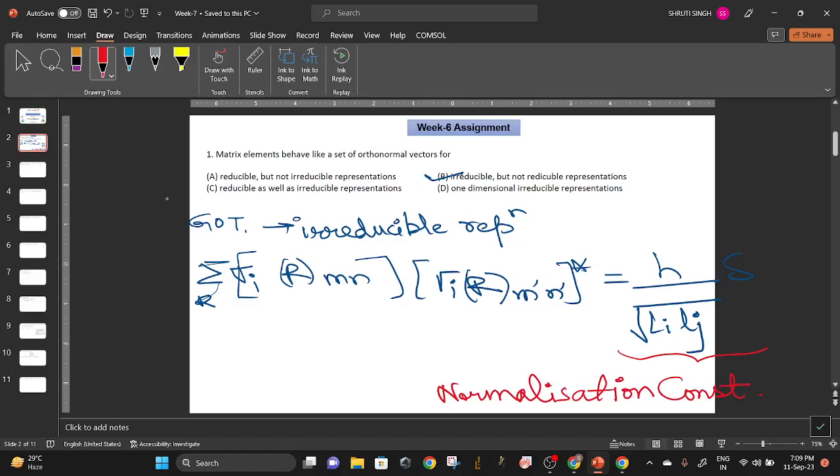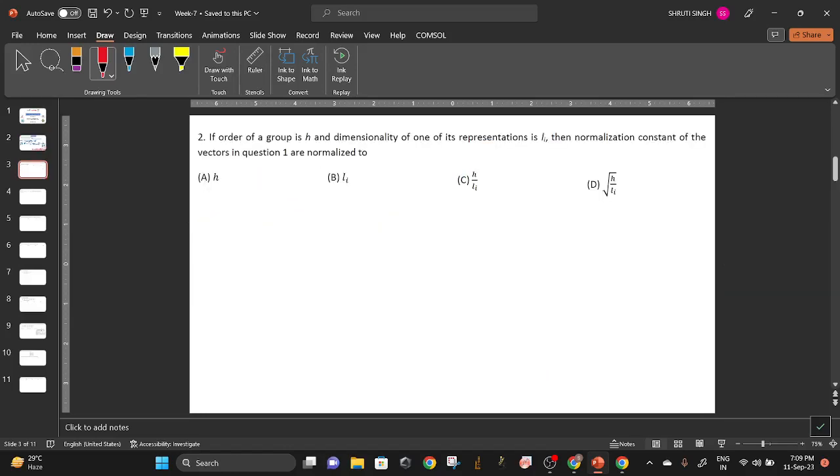So if both are the same, the normalization constant will be under root h by li.